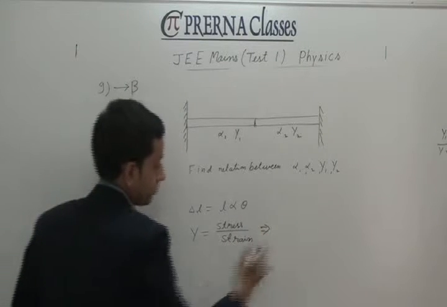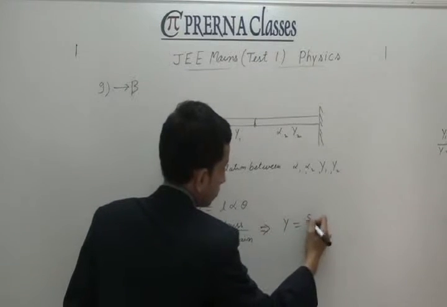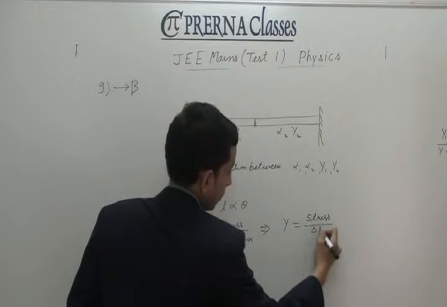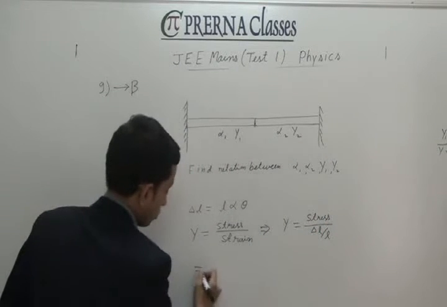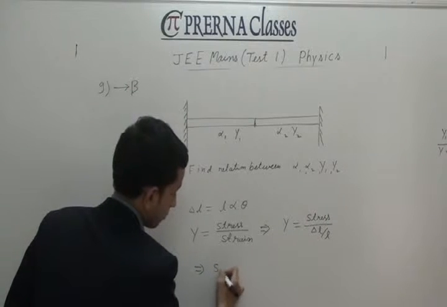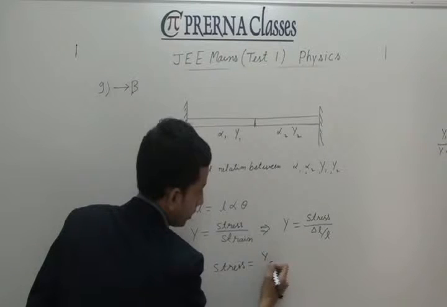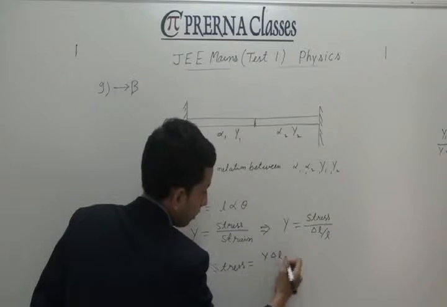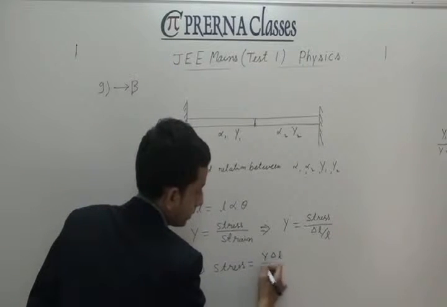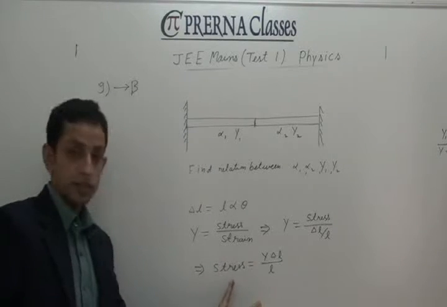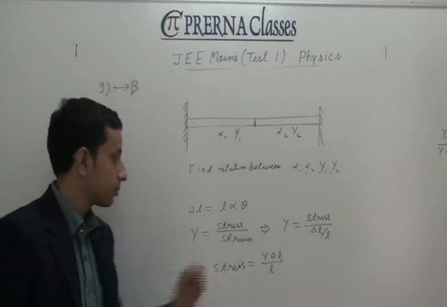So we can write Y equal to stress by delta L by L. So stress equal to Y into delta L by capital L. So thermal stress developed is Y delta L by capital L.